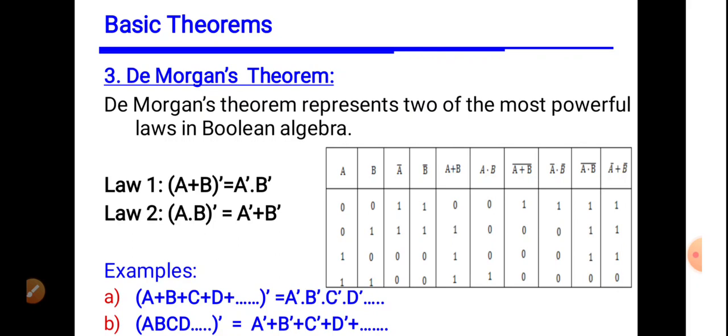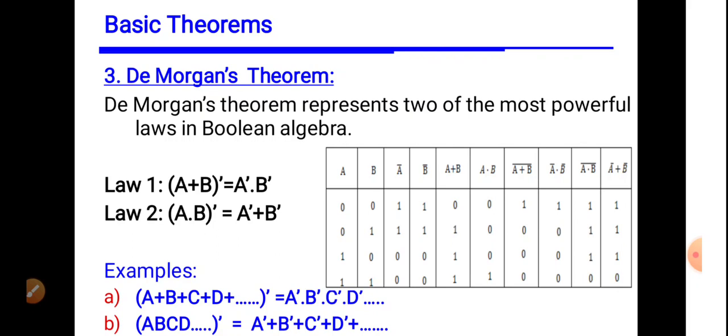If you observe this, the seventh column is equivalent to the eighth column, which indicates that (A plus B) whole complement is equivalent to A complement dot B complement. Similarly, the last two columns are the same, that is (A dot B) whole complement is equivalent to A complement plus B complement.